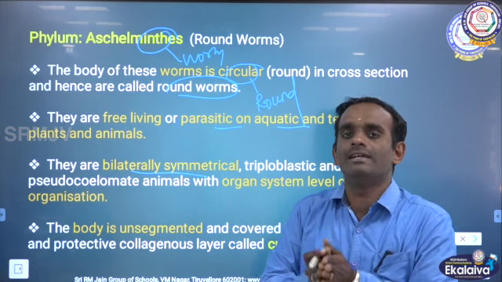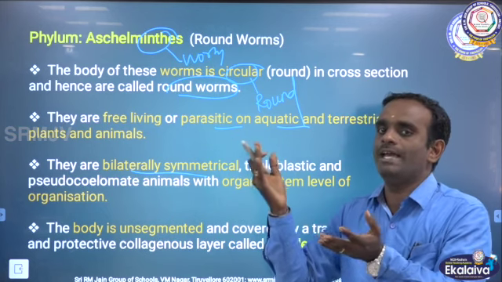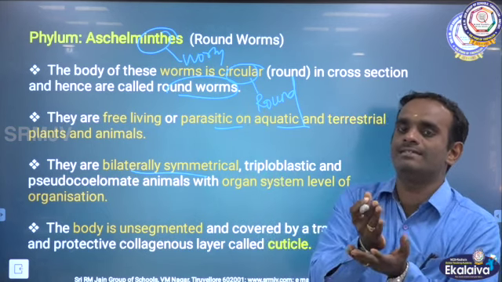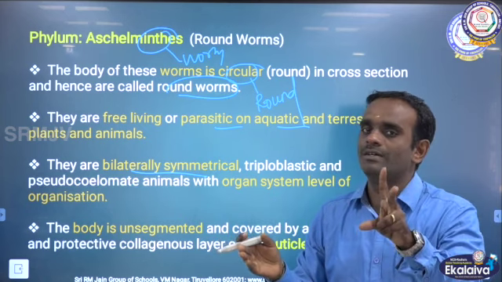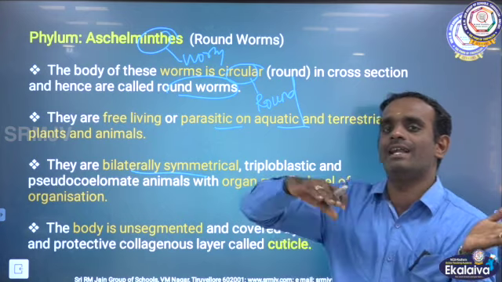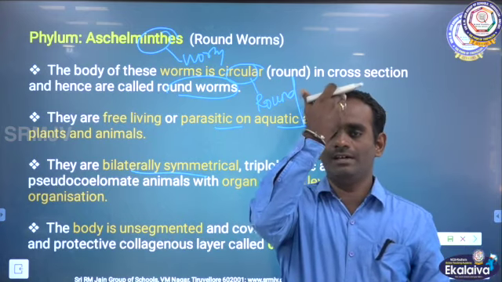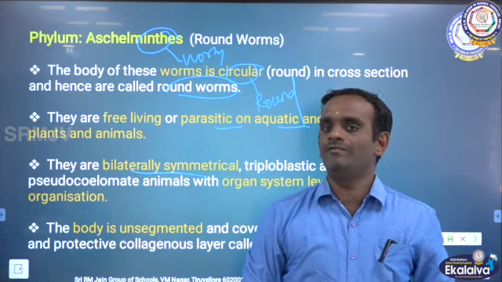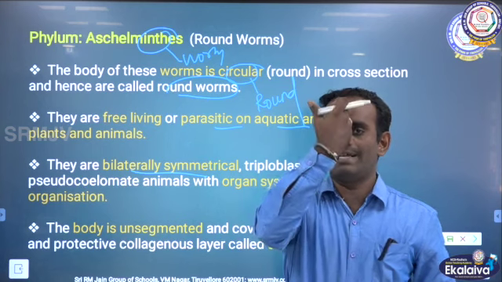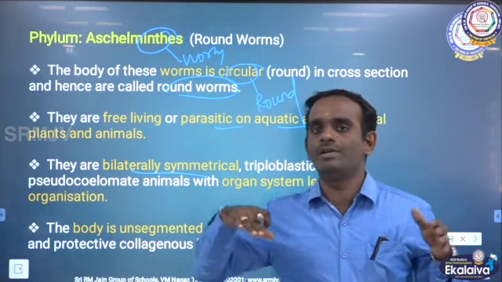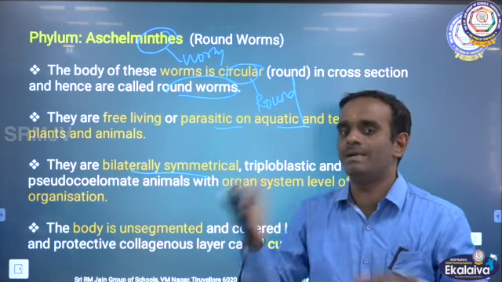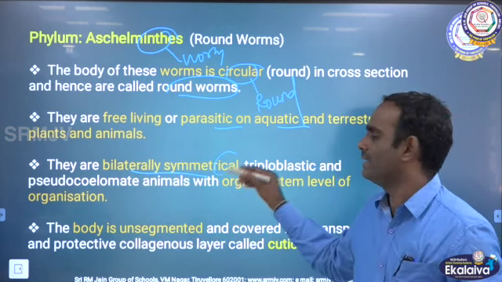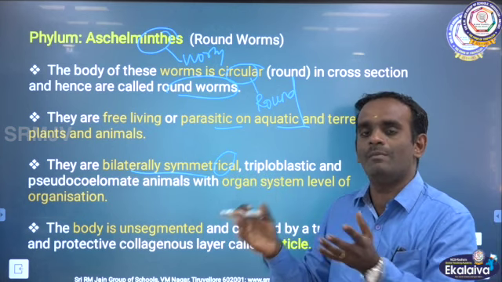A plane of angle through the central axis divides the organism into two identical parts, only two. One is left side and another one is right side. That is called bilaterally symmetrical. Symmetry means the body arrangement.